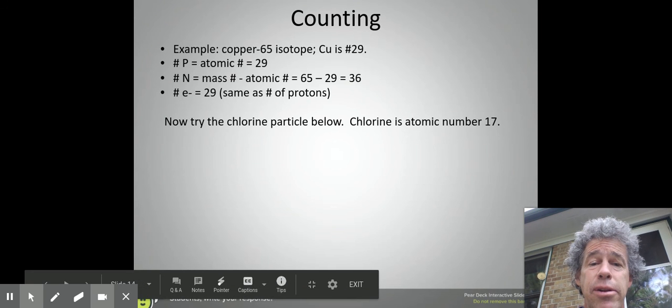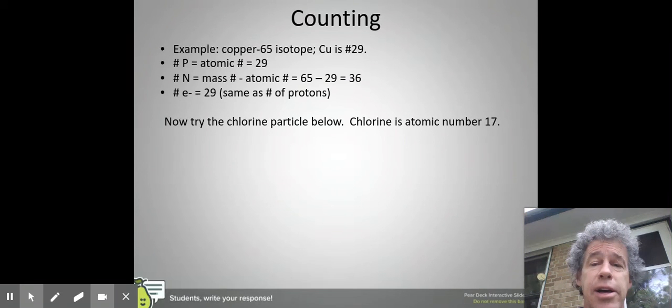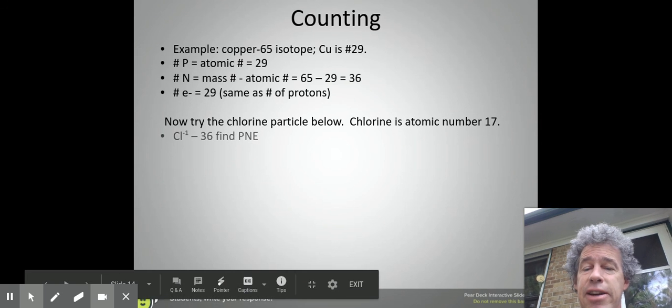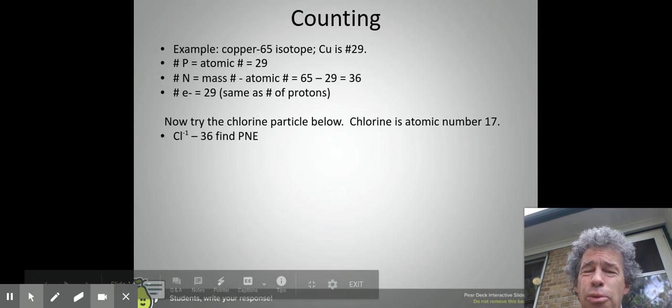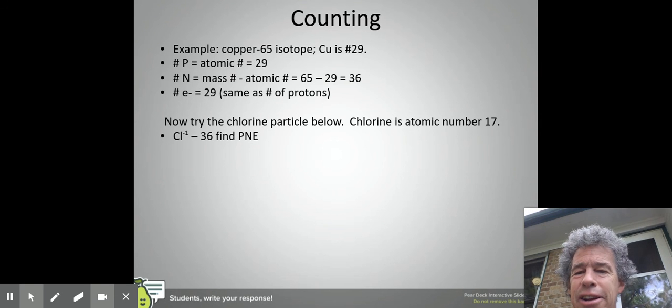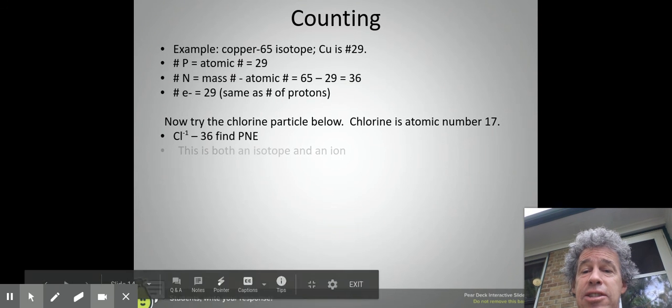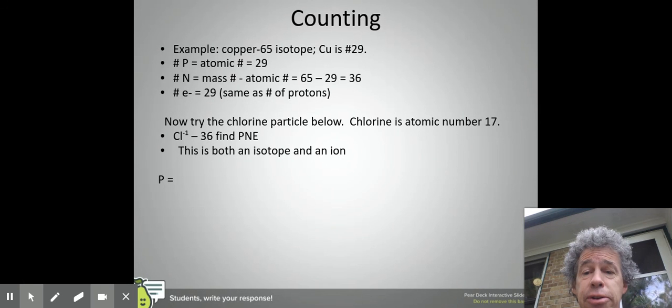Now if we try chlorine below, chlorine has an atomic number of 17. If we had chlorine-36, but one that was an ion of minus 1, we'd have to be a little careful in terms of protons, neutrons, and electrons. Since it's number 17, the number of protons equals the number, or 17.